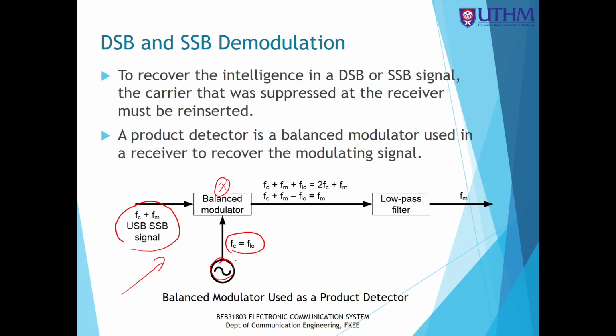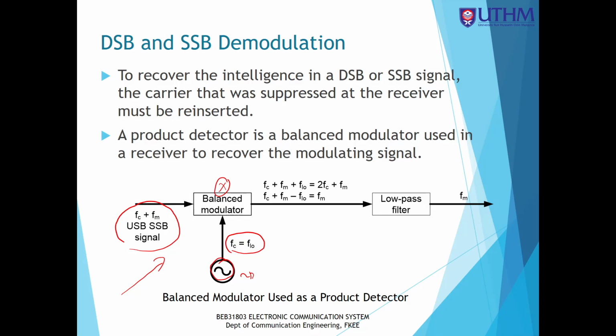So that means the receiver needs to know what the carrier frequency is, what the resonant frequency is. The oscillator will oscillate at the resonant frequency, which is the carrier frequency, because we want to capture the signal that is centered at the carrier.